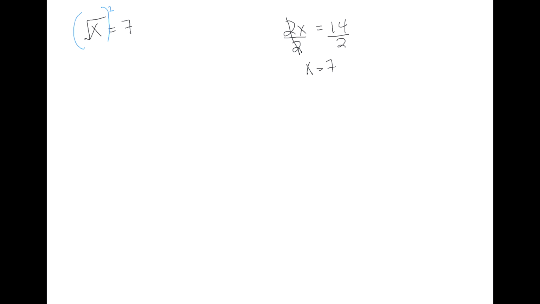And then just like over here, what I did to one side, I did to the other side. I'm going to square the other side. So this X comes out. And it's just X equals 7 times 7, 49. Okay.